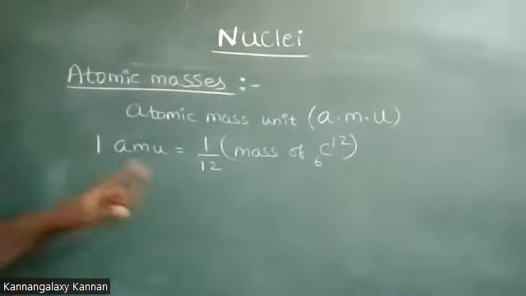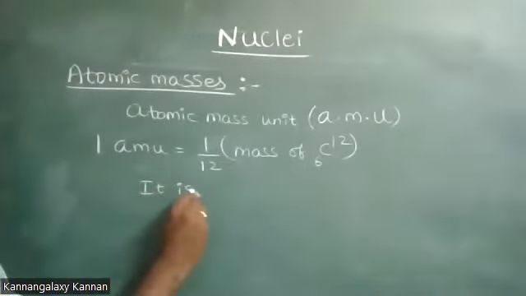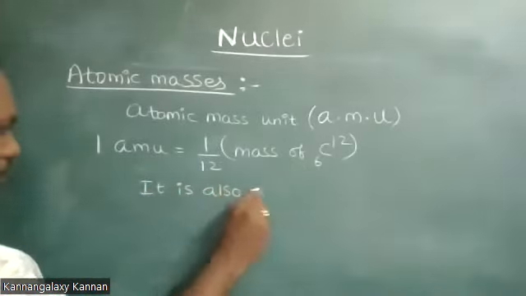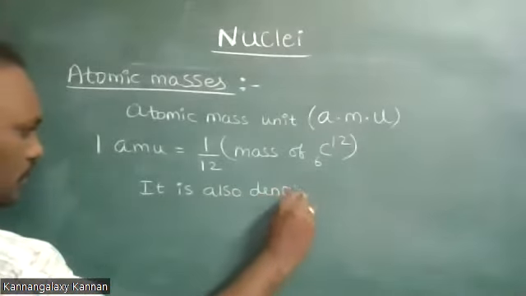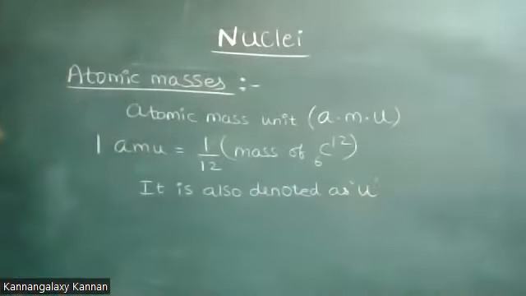So 1/12 of the mass of carbon-12 is 1 atomic mass unit. It is also denoted as U.